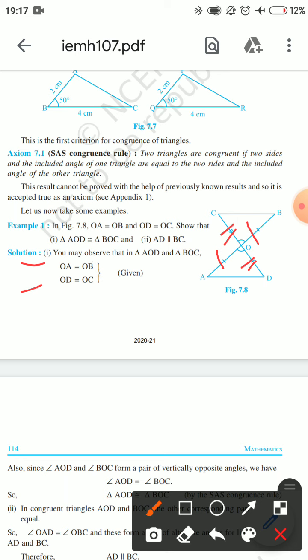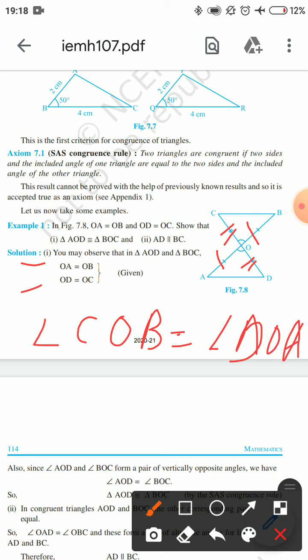And you can see here that angle COB is equal to angle DOA, right?